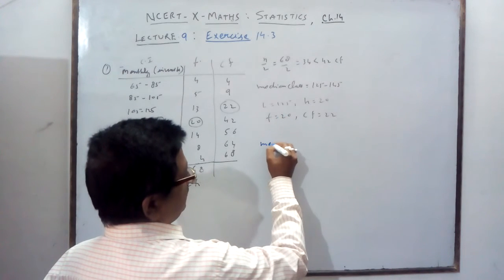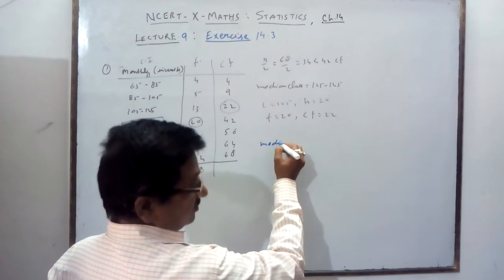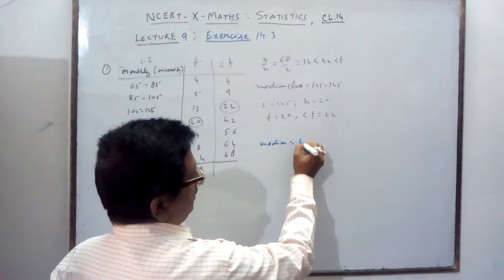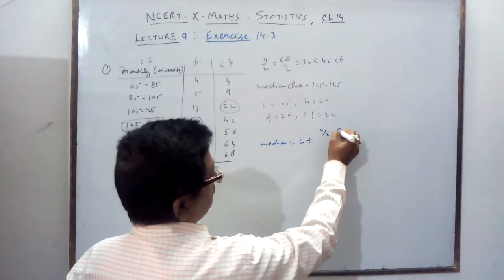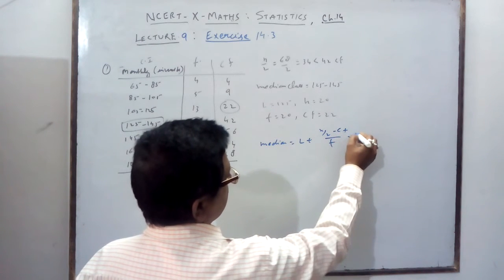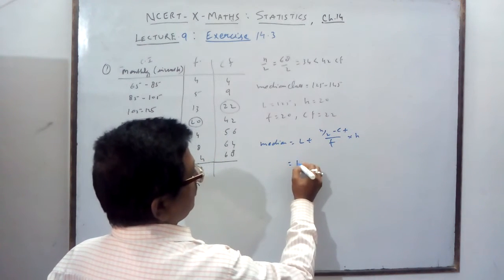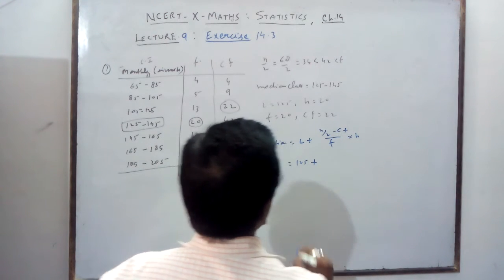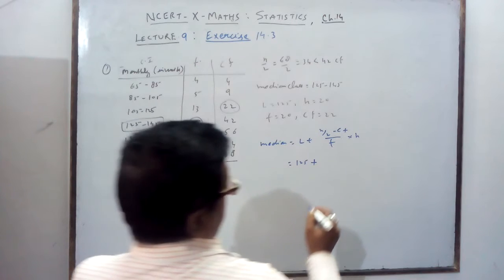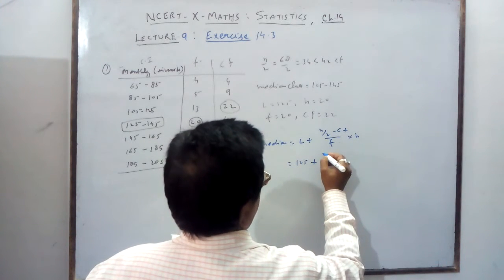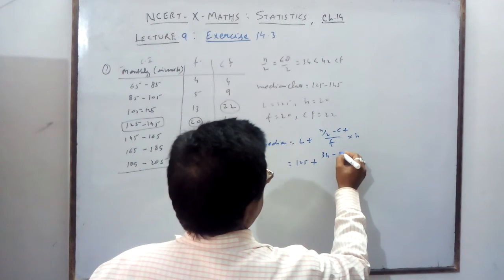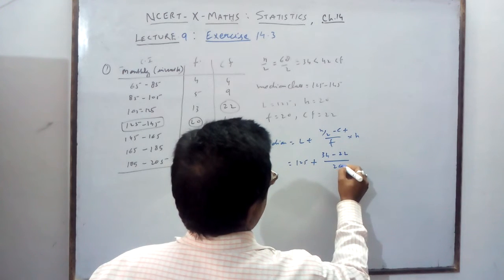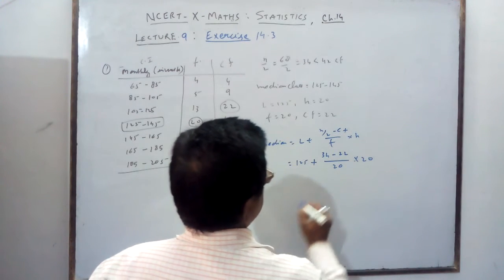So write down the median formula: L plus N by 2 minus CF upon F into H. Put the values: 125 plus 34 minus 22 upon 20 into 20.